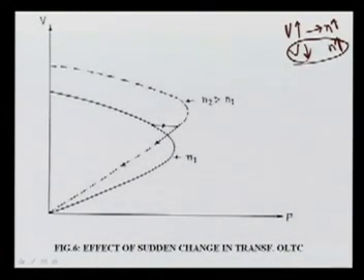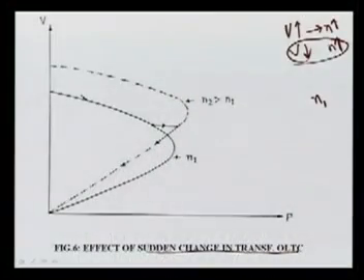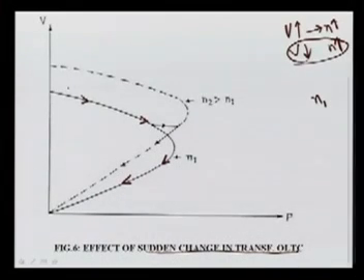In other, I just want to explain the effect of sudden change in the transformer OLTC. Suddenly it is changed. What is happening? Now let's suppose you are operating at N1, that is some fixed tapping. Your PV curve follows this. Again here I have drawn the PV curve. Now at a certain point, you are just maintaining this N1 constant.